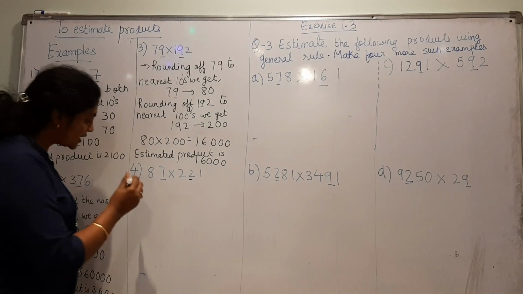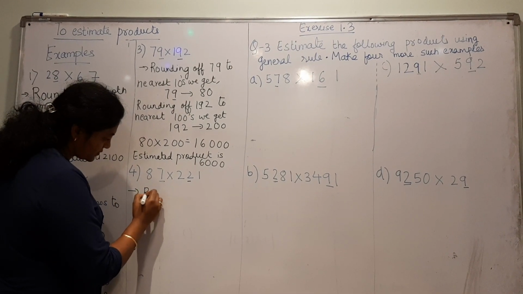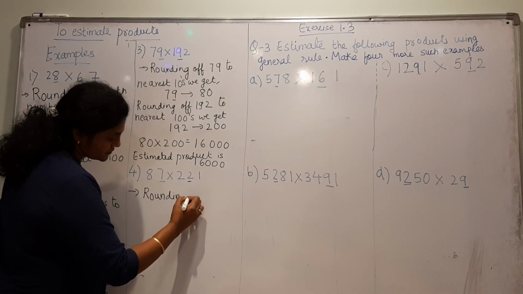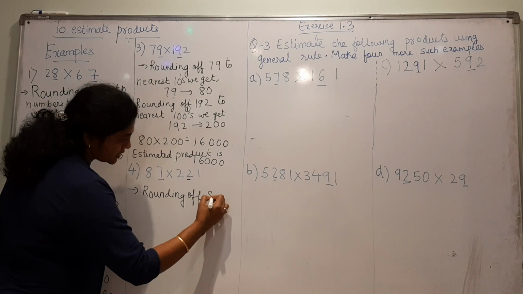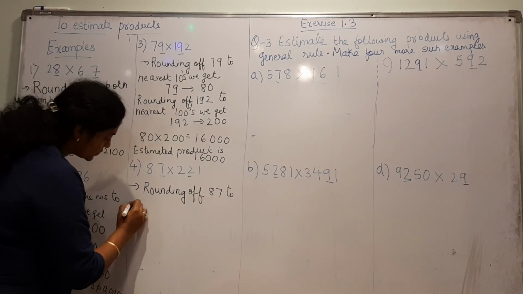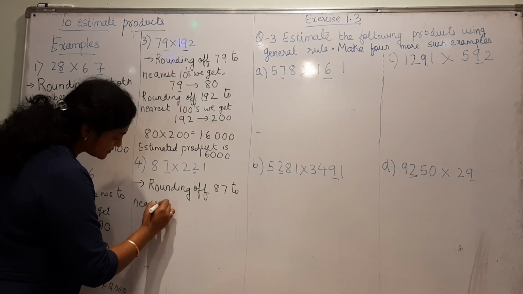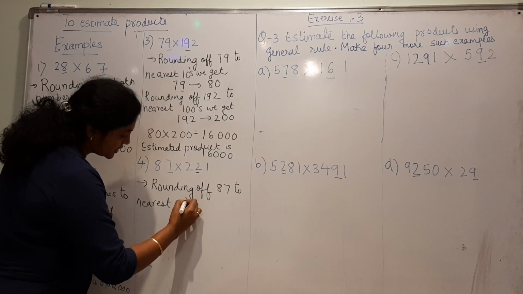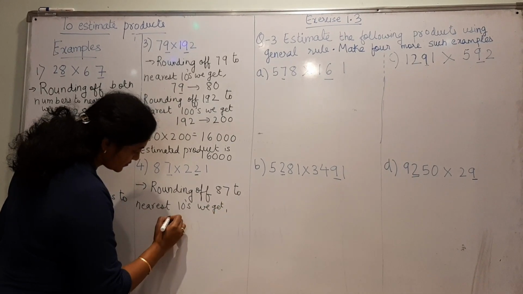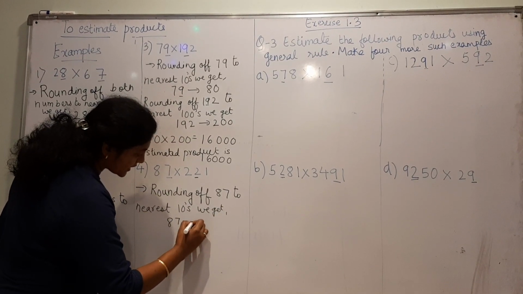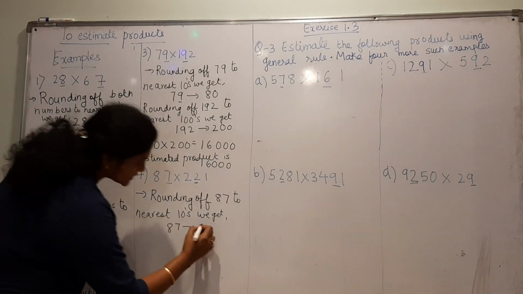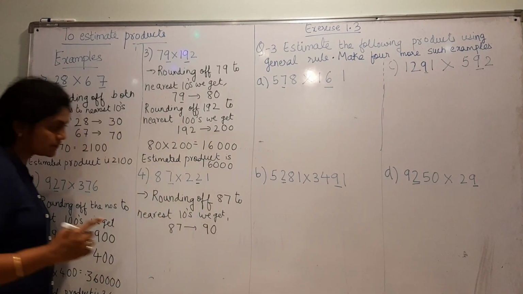So now rounding off 87 to the nearest tens, we get, looking at the ones place, greater than 5, this will be 90.